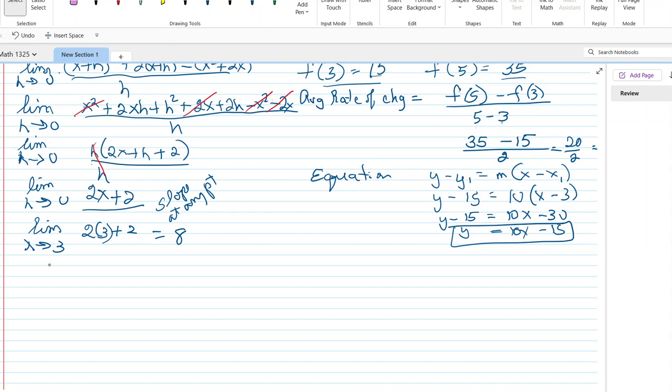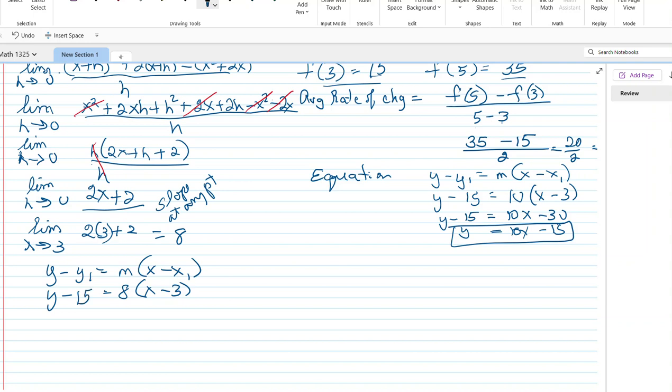So now we want the tangent slope. Our slope is 8. Our x value is 3. Our output for x was a positive 15.